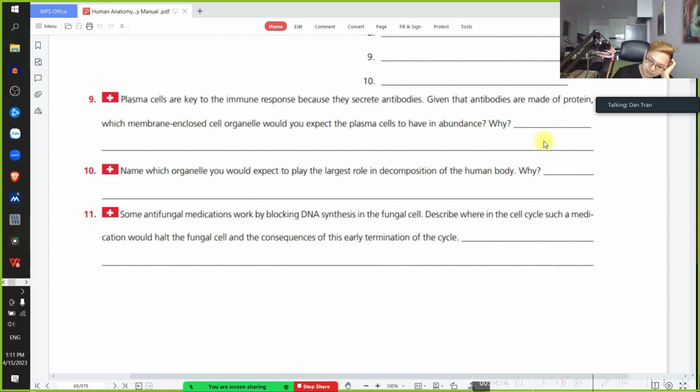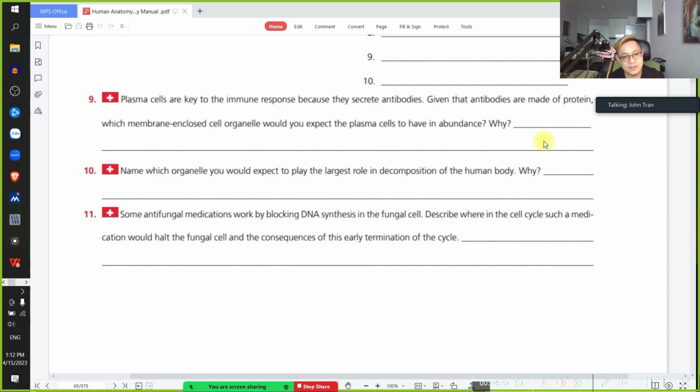No, it's wrong. It's actually lysosome. Decomposition of the human body, breaking down, of course it's lysosome. What's wrong? Come on, it's not that hard. It must be lysosome.